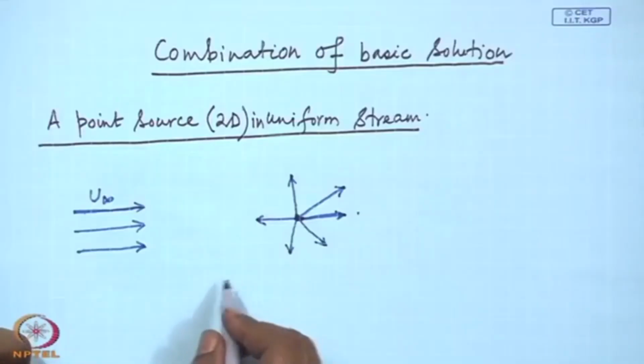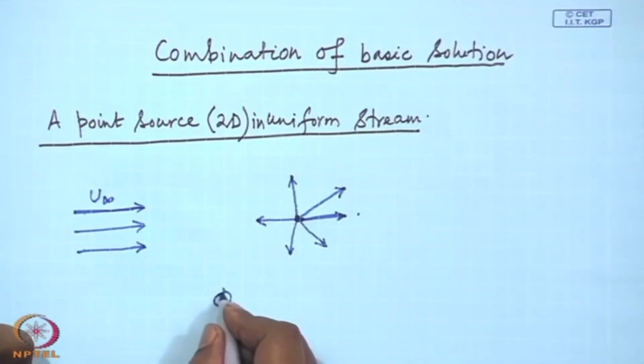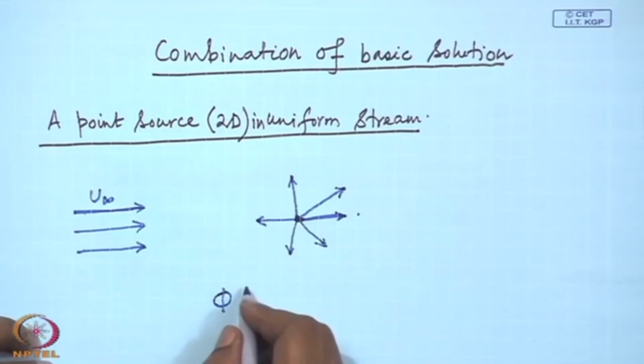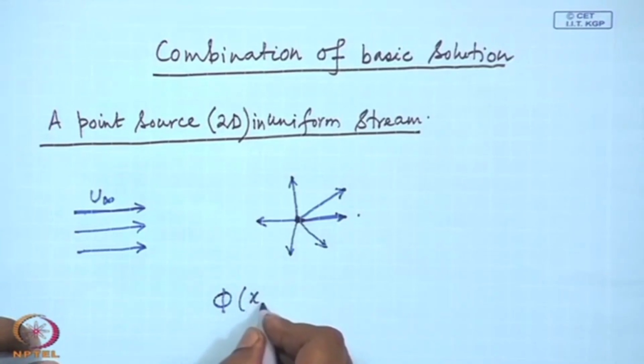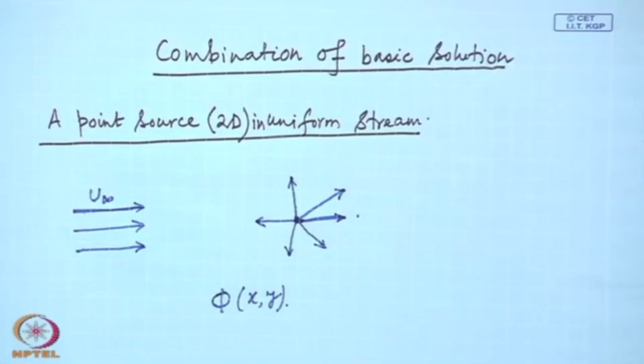What is the potential of this? Consider this a steady flow, forget about any time in it. So, we will write phi at any point x y, call this plane the x y plane. So, what will be phi x y?